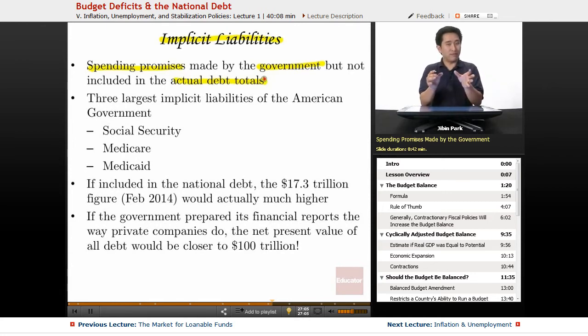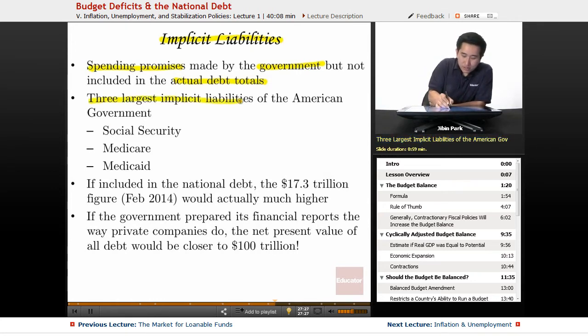So you can't put a fixed number on it. But if you're a private company making pension payments, this is part of the balance sheet. You have to count that as a liability. But the government is exempt from having to make these types of calculations that private corporations do.